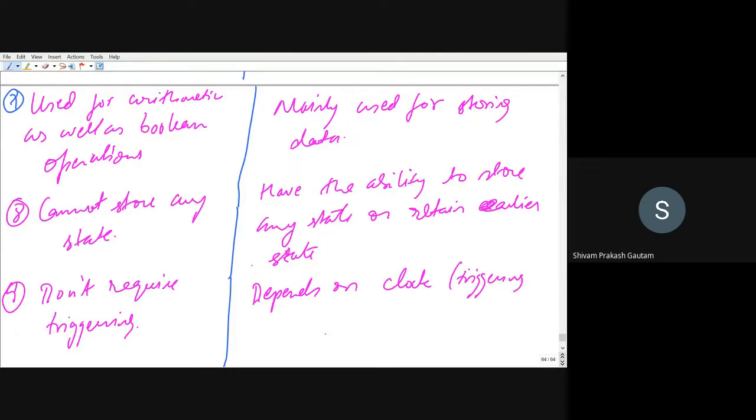So triggering means whenever the triggering is provided, that circuit operates. You can call it a switch, right? Whenever you provide input to that circuit, then the circuit will get power, perform certain operation and produce the output. Whereas a combinational circuit does not require any triggering.